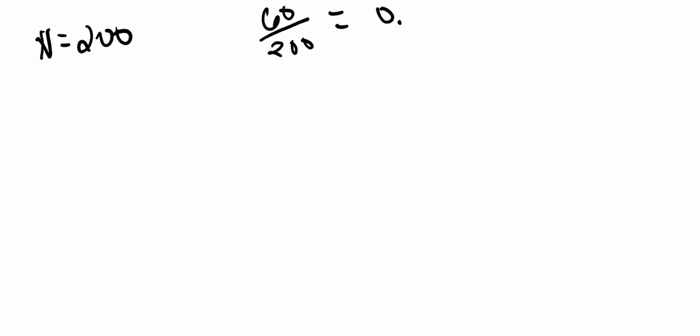So we know it's a random sample and the N is 200. 60 students reported missing one day of class due to illness. So we know that our sample proportion is simply 60 divided by 200, which will give us 0.30, right?